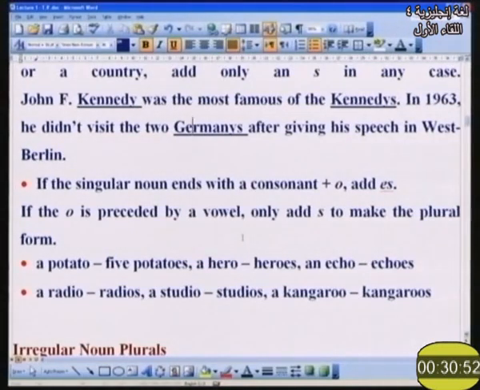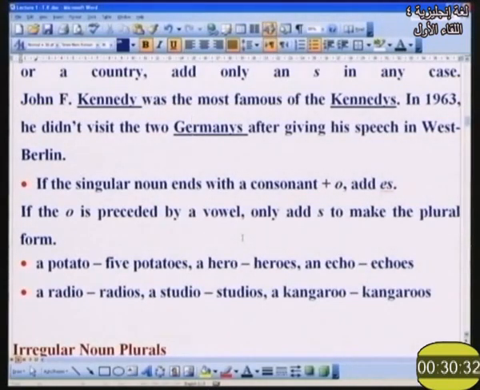The O itself does not tell me what to do. Then what should I do? I should look at the letter before the O. If the letter before the O is a consonant, we add ES. If it is a vowel, we just add an S.